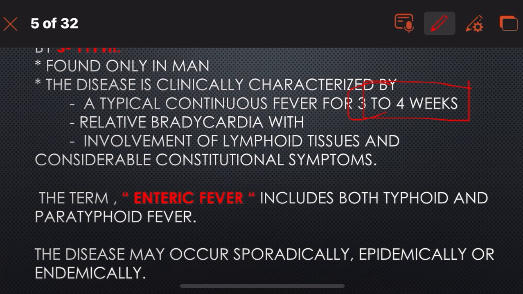Relatively, there will be bradycardia and involvement of the lymphoid tissues, and there are considerable constitutional symptoms which we will discuss in the clinical features. So the patient presents with constitutional symptoms, bradycardia, and fever for up to 3 to 4 weeks. Is it clear? What are the clinical features? Fever, bradycardia, involvement of lymphoid tissues, and other constitutional symptoms.